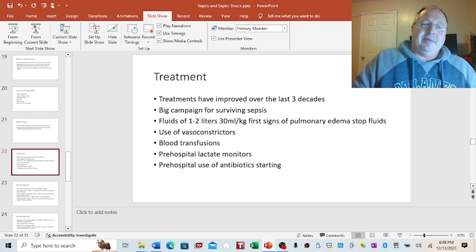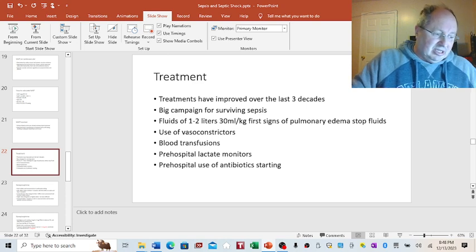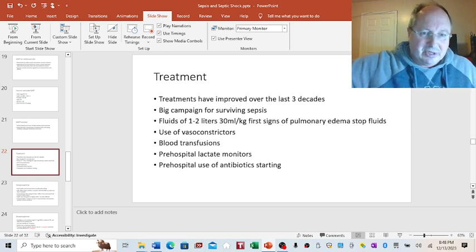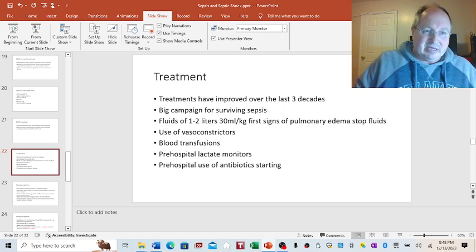There's been a big campaign kicked off about surviving sepsis, and a lot of that is targeted to the hospital, to the ER and ICU settings. Well, you've got to remember, 40% of these patients are coming in by EMS, so we need to get started on it out in the field.